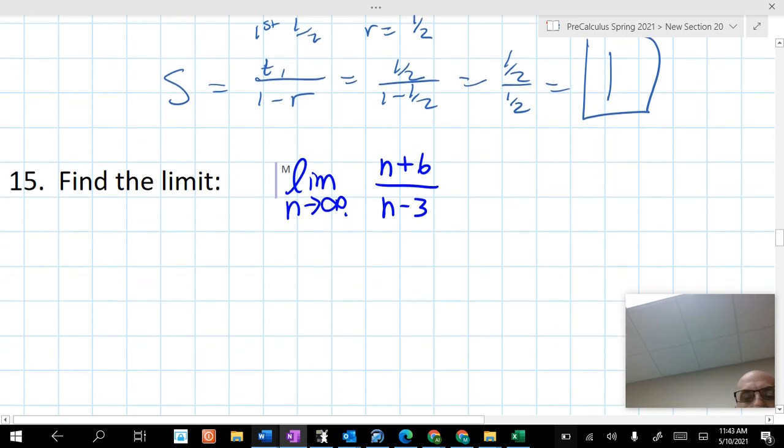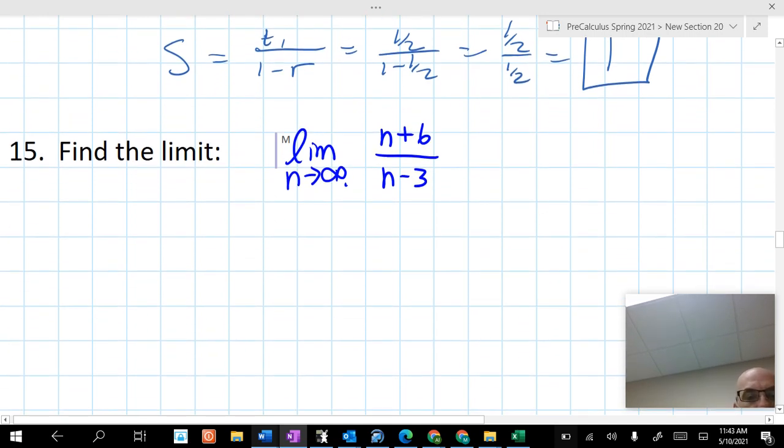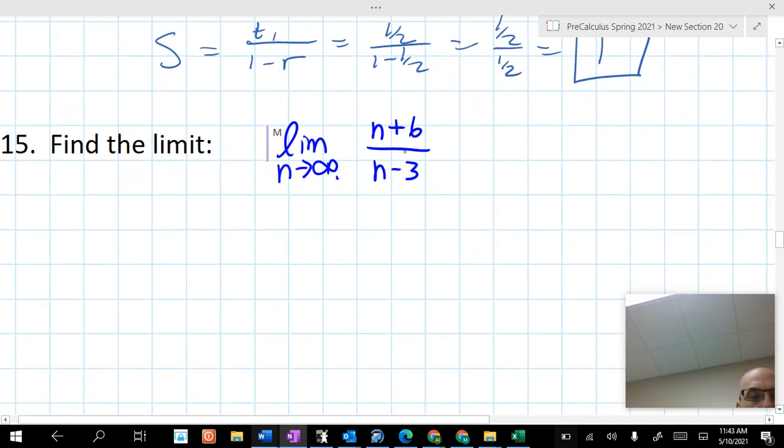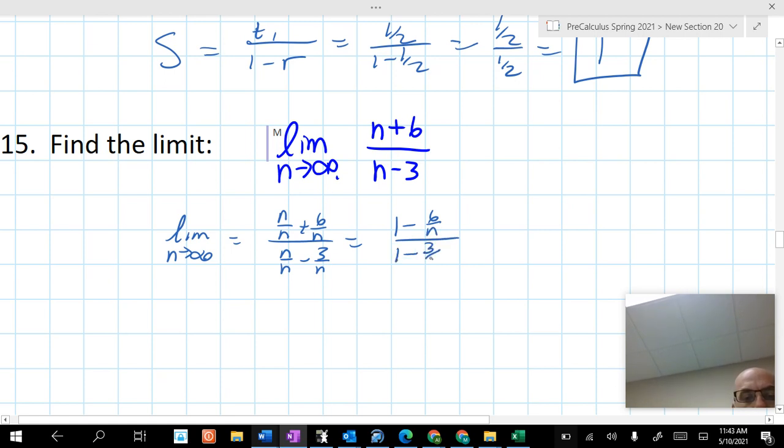Okay, this one, if you remember how to do it, it's super easy. Otherwise, if you don't remember it, you just divide by the highest power. So it's n over n plus 6 over n. Oh, n over n minus 3 over n, which is 1 plus 6 over n over 1 minus 3 over n.